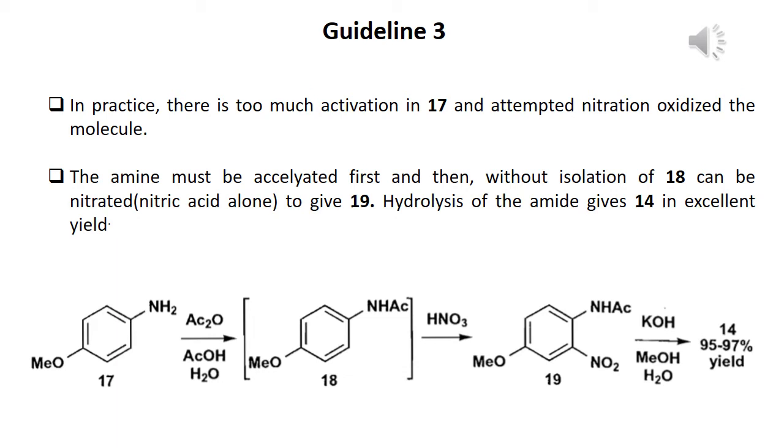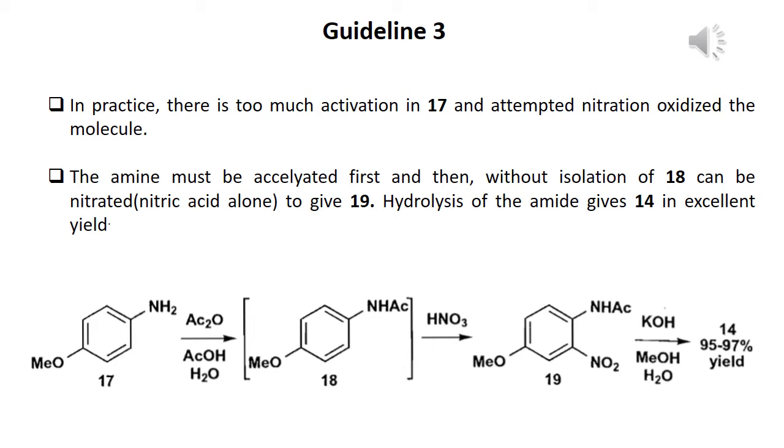As we are seeing here, 17 is being converted into 18 after acylation. So the amine must be acylated first, and then 18 can be nitrated without separation from 17, with nitric acid alone, to give 19 from this mixture.